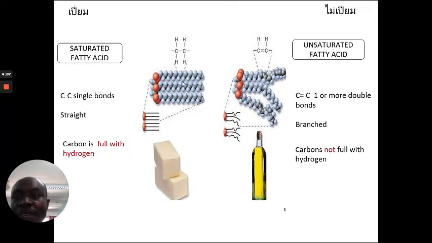Now, because the saturated are straight, they are very easy to pack, and so they usually form solids at room temperature. And because the unsaturated are not straight, they are very hard to pack, so they are usually liquid at room temperature.